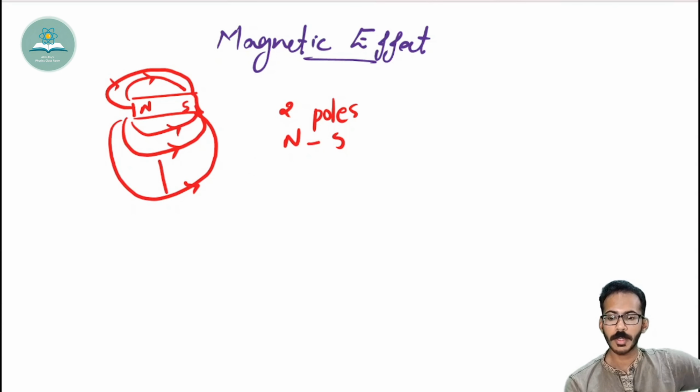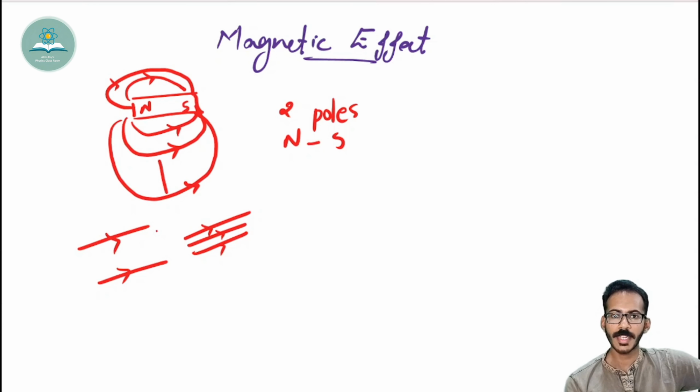So, whenever we see magnetic field lines very much near to each other, it means that they have high power. Or if the magnetic field lines are very much far away, then it shows that the magnet has less power or the magnetic field has less power. So the strength of a magnetic field is decided by the degree of closeness of magnetic field lines.